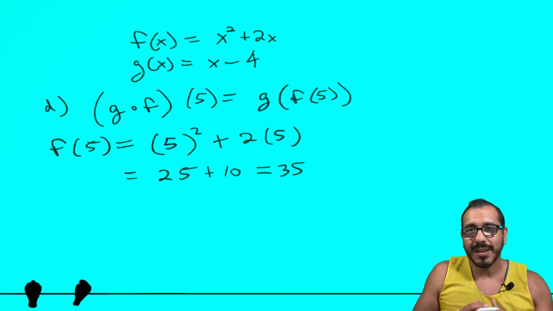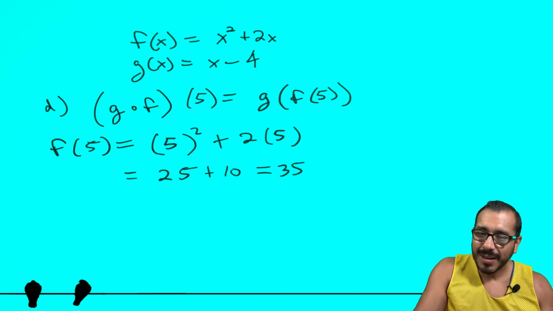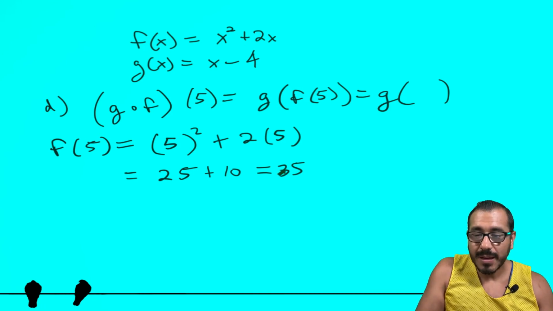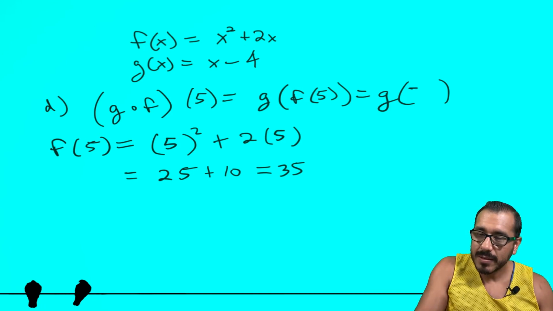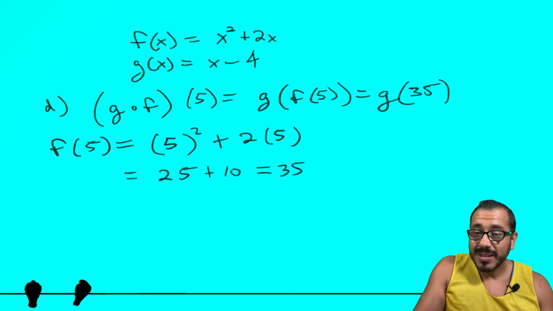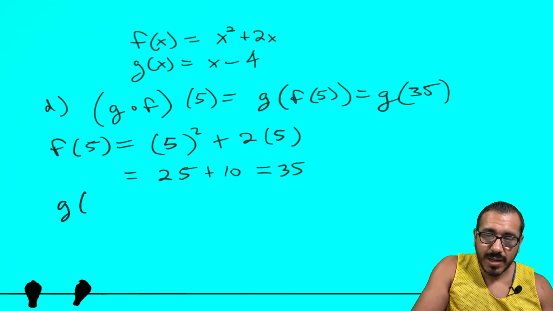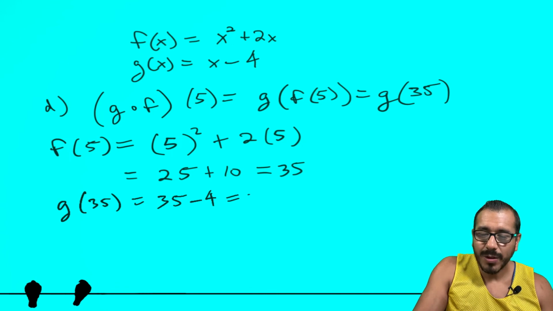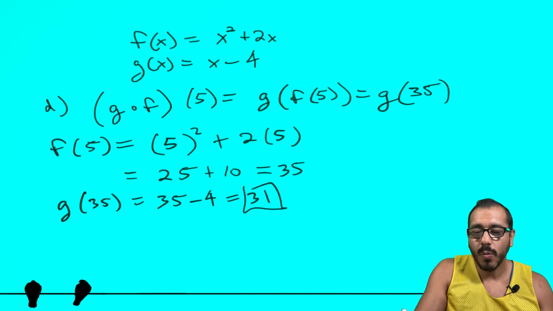Some of you won't have to write the step, but as we're learning it, I find it very helpful. f of 5 is the same thing as 35. So let's replace it, and now we go to that function g and plug in 35. So we get 35 minus 4, and we end up with 31.